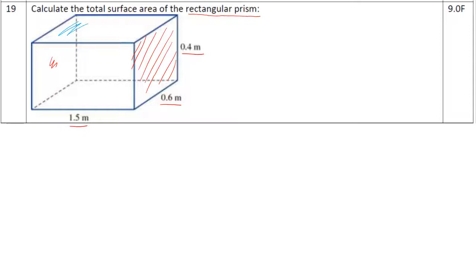So we've got another surface here with that pair of dimensions, and that's the same as the one on the bottom. And then lastly, we've got one which is 0.4 high by 1.5 long, so that's the back side and also the front side of the prism. So we actually have 3 pairs of sides.